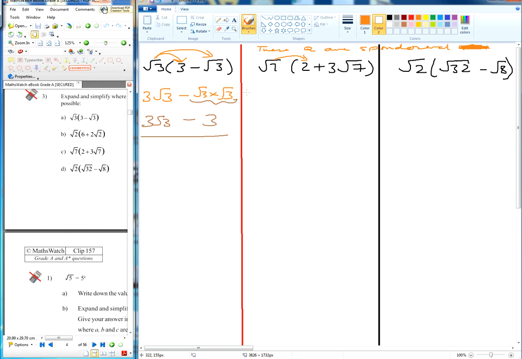Root 7 times 2 will give us 2 root 7. Root 7 times 3 root 7 will give us 3 root 7 root 7. Okay, now let's simplify them. 2 root 7, our root will stay as it is, it won't change.